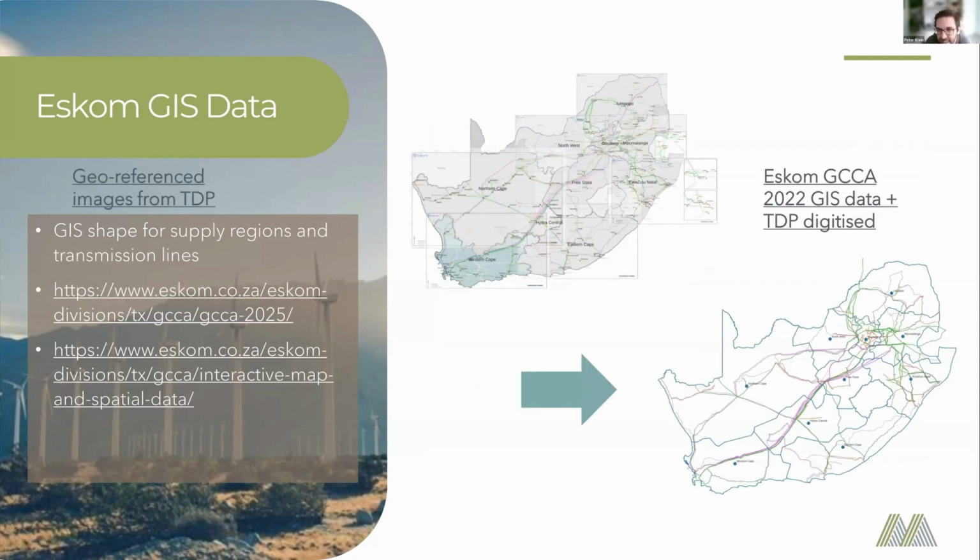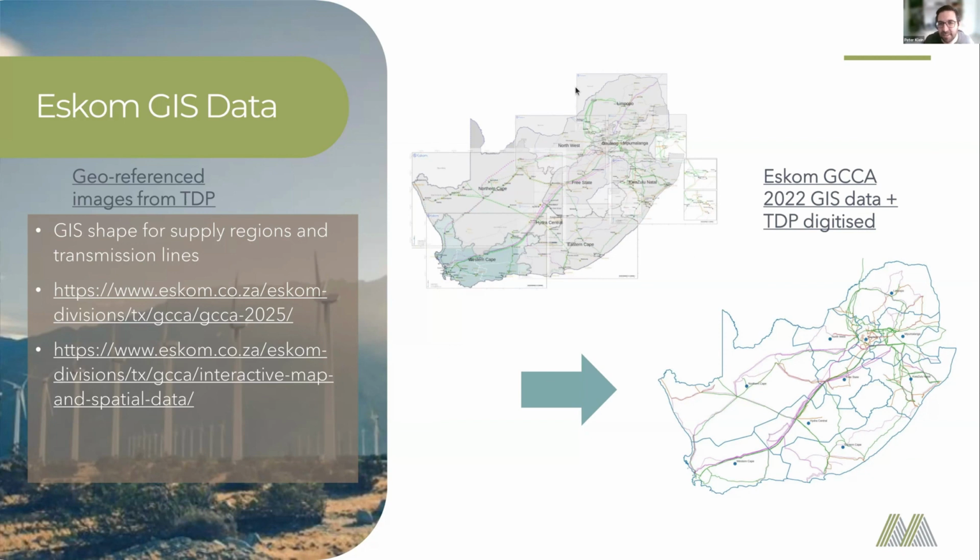The Eskom GIS data that I mentioned for the transmission network, you're going to want to download. As I said, this might be the wrong link. I think this is the link to the 2018 GIS data, and then this is to the latest GCCA info.